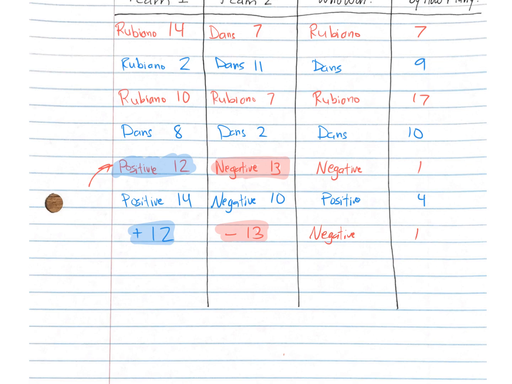And then we just continue this pattern. So if I have, let's say, 15 minus 17. The way I see this is that the positive team scored 15 points. The negative team scored 17 points. Well, who scored more points? Well, the negative team. So you write negative, or you could just write the symbol, just minus. Then it'll be minus 2 because the negative team scored 2 more points than the positive team.